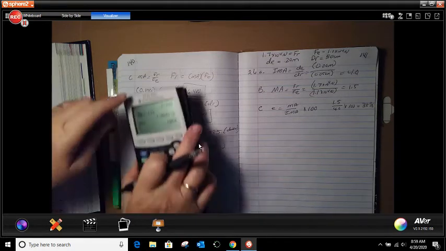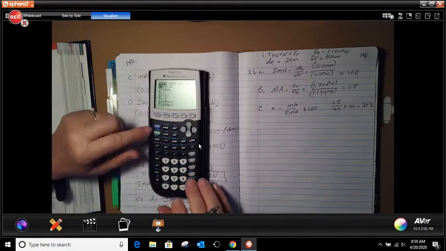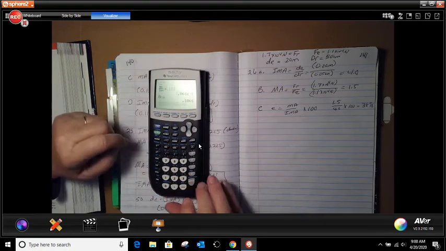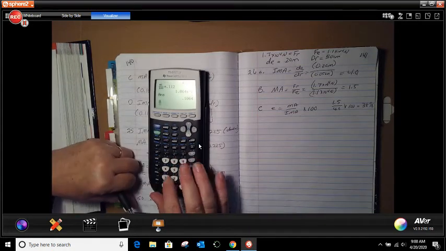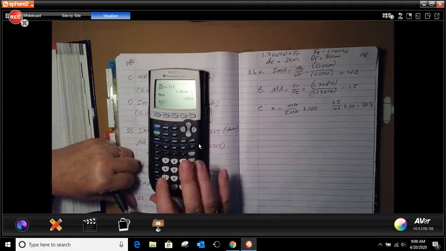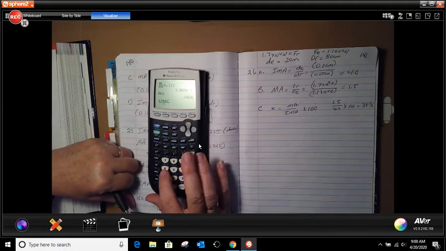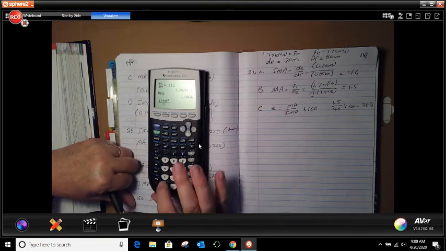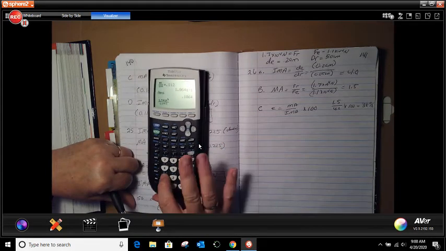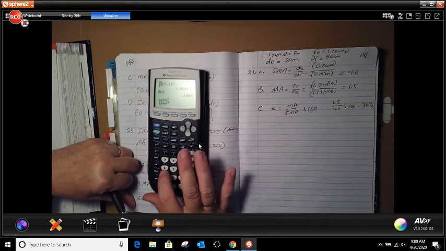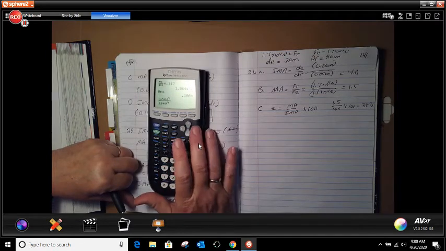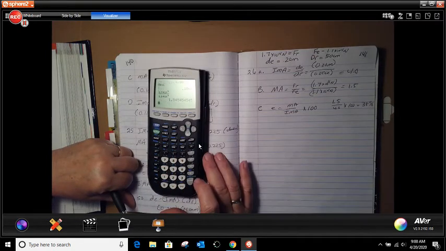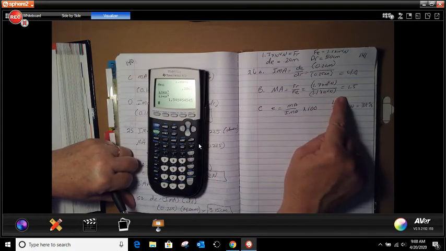So we're going to put it in our calculator. Alpha y, enter. We're going to do 1.7 times 10, caret 4, over and down, and 1.1 times 10, caret 4, over, enter. And we get 1.5.